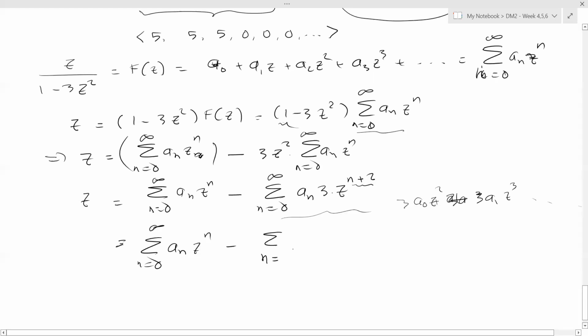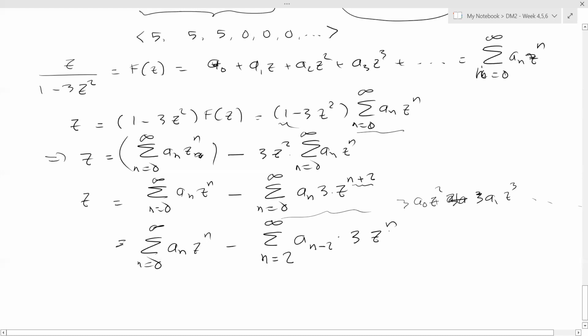So if we start from 2 to infinity, this is a_(n-2) times 3 times z to the power of n.